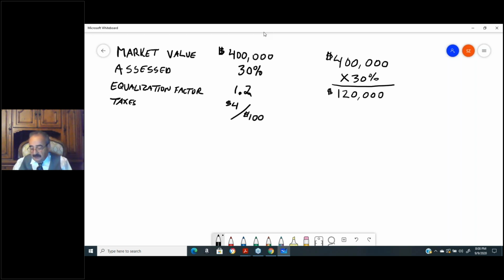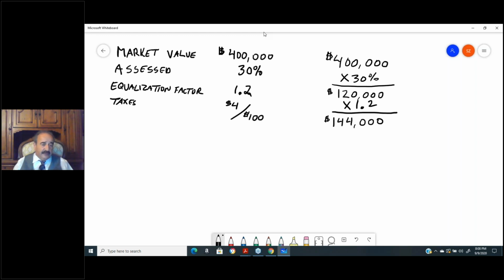So I multiply 120,000 by 1.2, which will give me $144,000. The $144,000 is called the equalized assessed value. Now, property taxes are usually based on per 100. Occasionally, you might see it per 1,000, but generally it's per 100. In this case, it's $4 for every $100 of value.